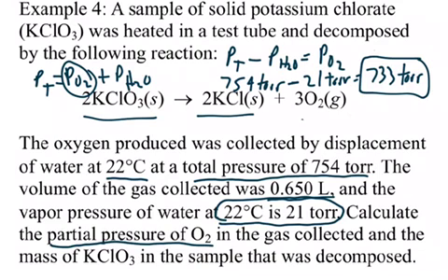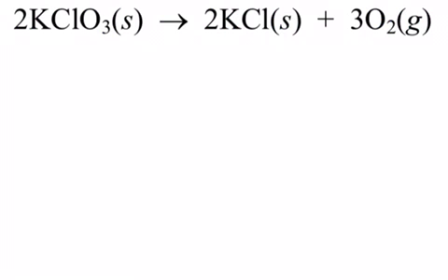Here is what they want. Now that we know the partial pressure of oxygen, they want to know what mass of potassium chlorate decomposes. This becomes a stoichiometry problem. Take a look at this. What is the given? We just found out that we know the partial pressure of oxygen. Okay?